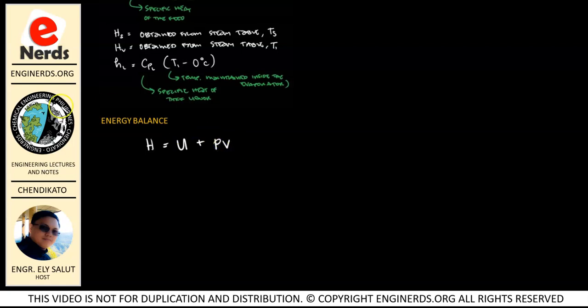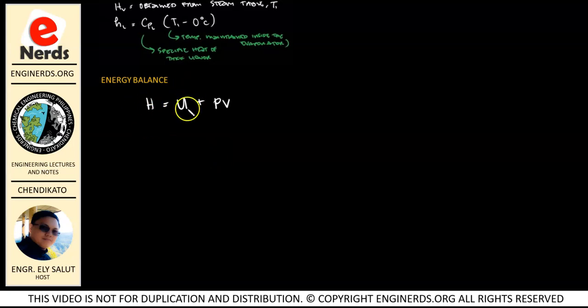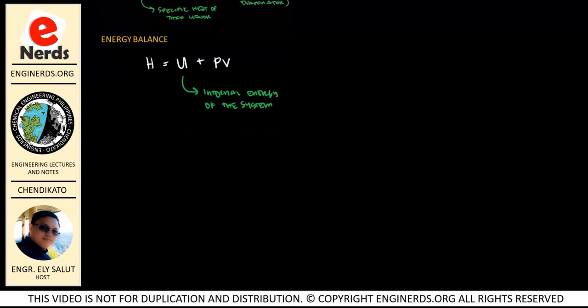Okay, so identify natin itong ating mga parts. We have the enthalpy, and this is our internal energy, okay, of the system. Okay, and this is our pressure and volume condition, no, sa ating evaporator. Now, if we're going to take the total differential nitong ating equation ng enthalpy, we will have dH is equal to dU plus PdV plus VdP.